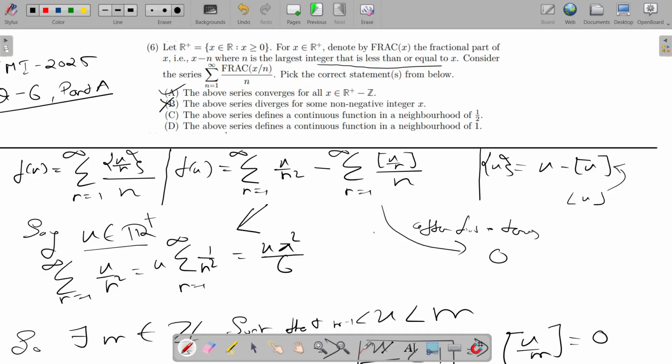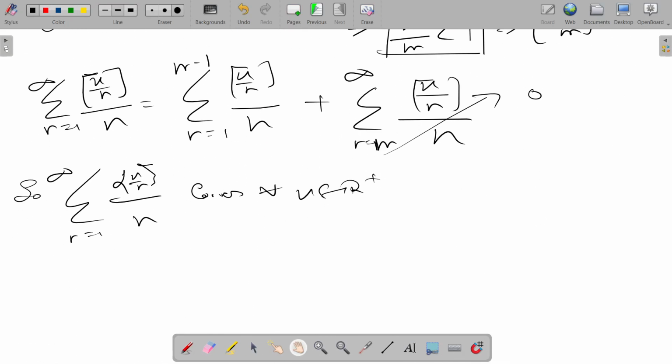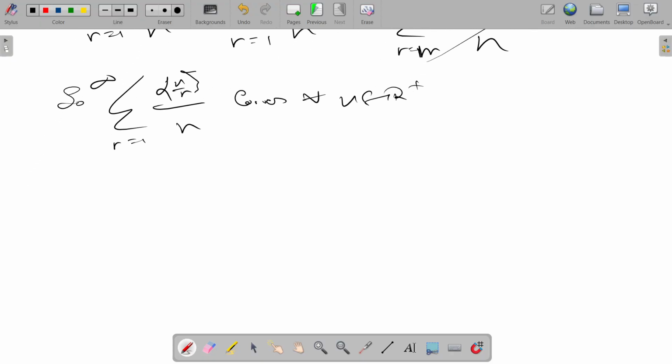Now it is saying the above series defines, so they are talking about this function, a continuous function in a neighborhood of half. So let me draw a straight line.